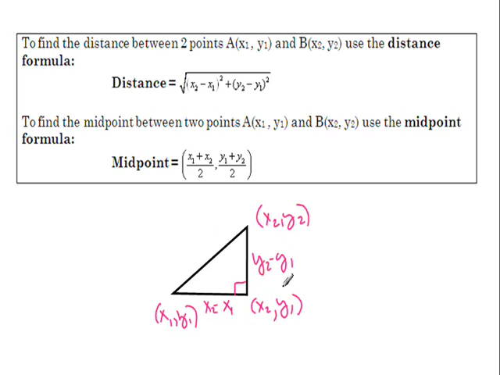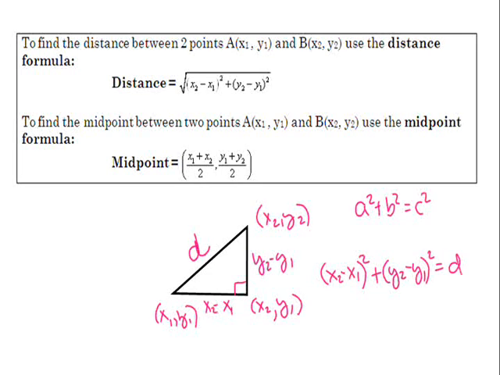And then since we have a right triangle, our old friend, the Pythagorean Theorem, is going to make an appearance. The Pythagorean Theorem says I take my two legs and I square them, and they are equal to the hypotenuse squared, which is what we're looking for, right? This is my distance right here. That's a D, by the way. Terrible penmanship. All right, so if I take a squared, which is going to be (x2 minus x1) squared, and I add b squared, which will be (y2 minus y1) squared, it'll be equal to d squared.